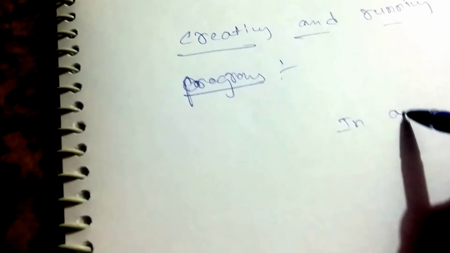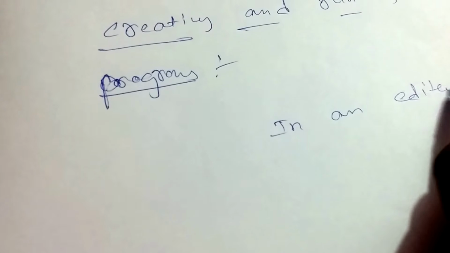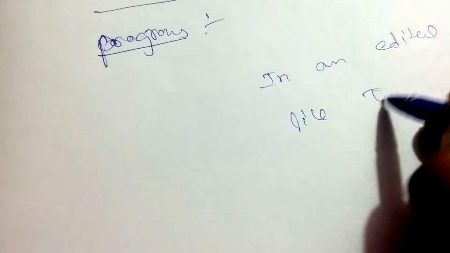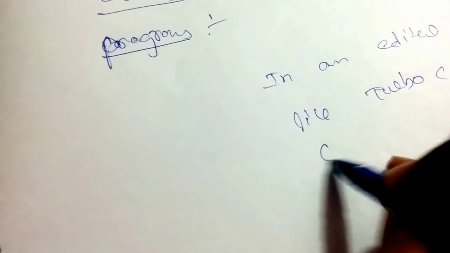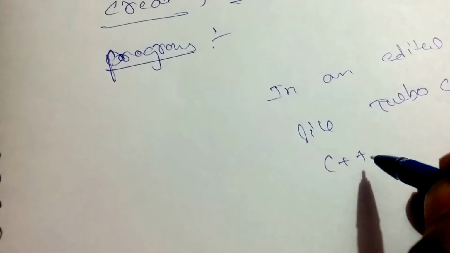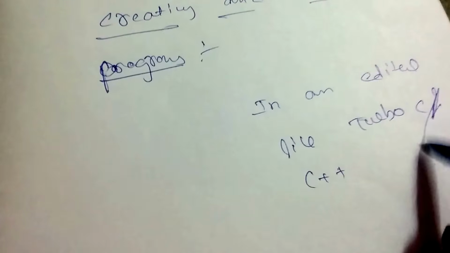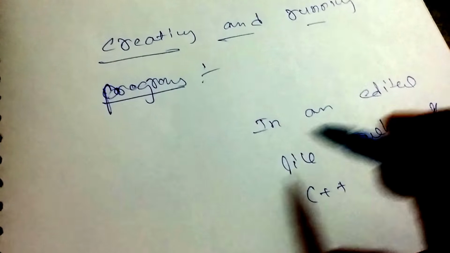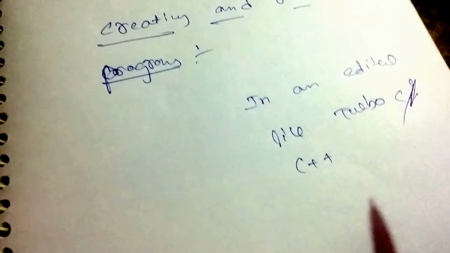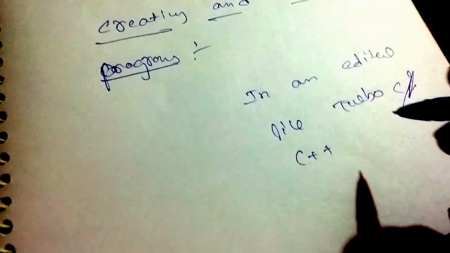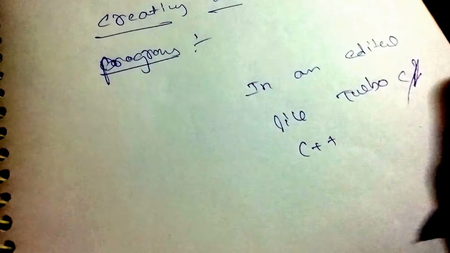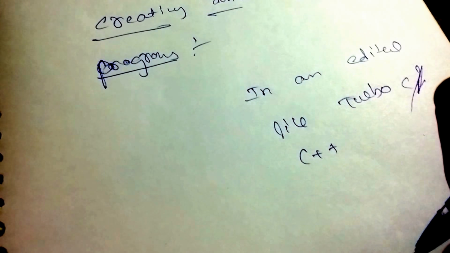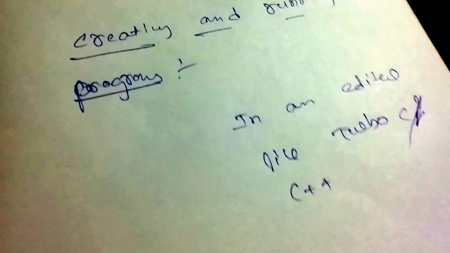You write the program in an editor like Turbo C or Turbo C++. We need an IDE, which is an integrated development environment. This is the workspace where we actually write the programs, and how we can run it.